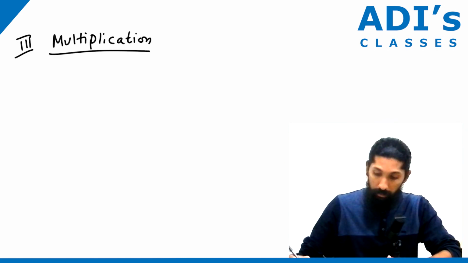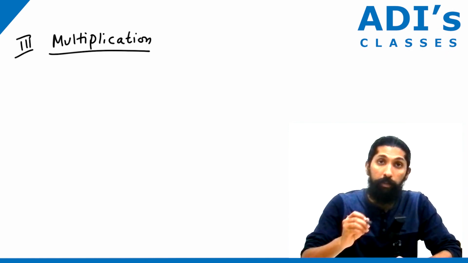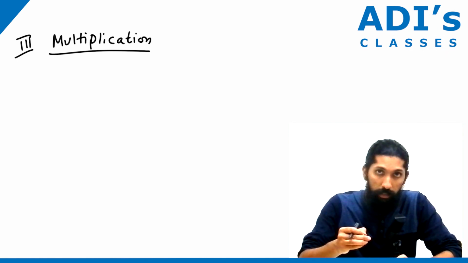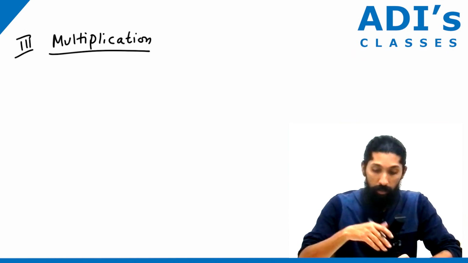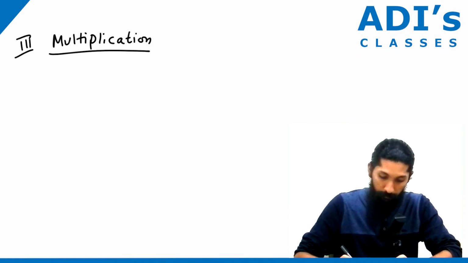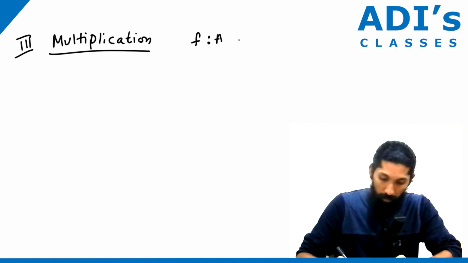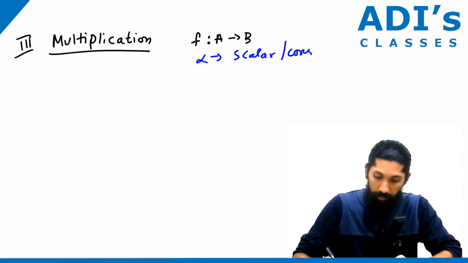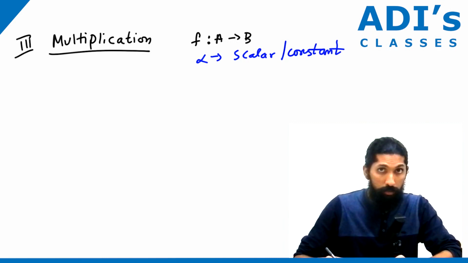The first case under multiplication is multiplying by a scalar. In the sense, we take a number, a constant, and we multiply it to a function. That means, suppose f is a function from A to B, and let's say alpha is a scalar or a constant.